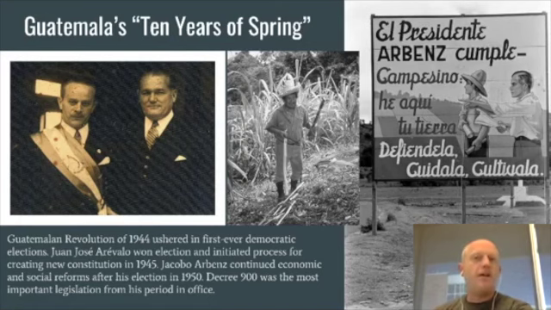For United Fruit, about 85% of the land that it held was unused or left fallow. There were a variety of reasons that the corporation claimed it was doing that, to shore up against crop failures or whatever it might be in the future. But the bottom line was most of its land was not being cultivated in 1952.